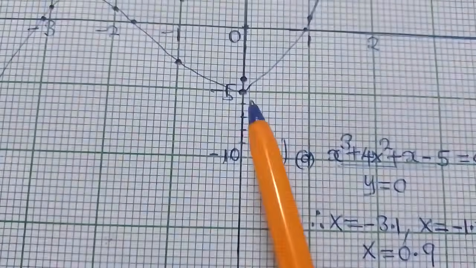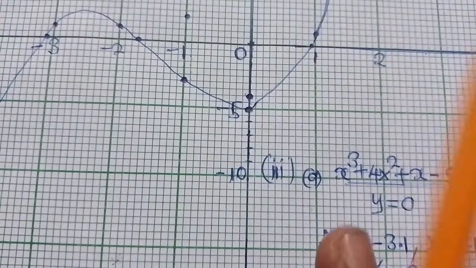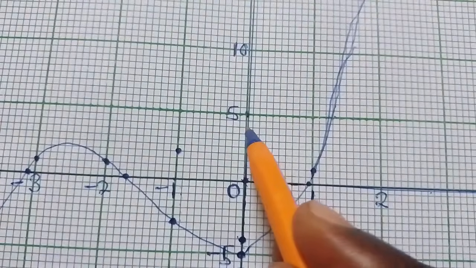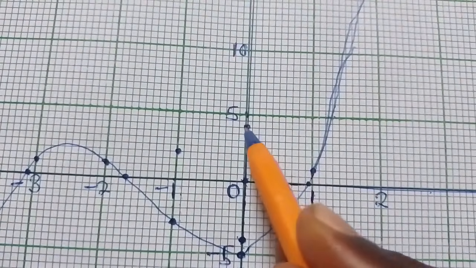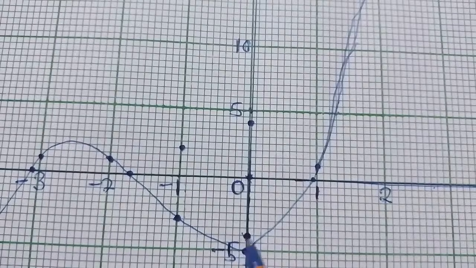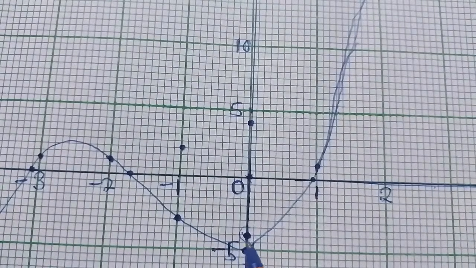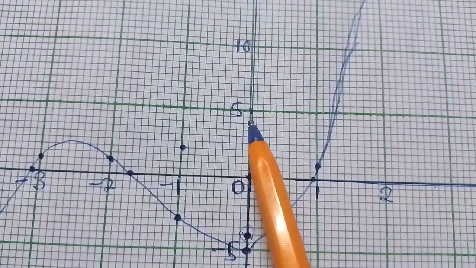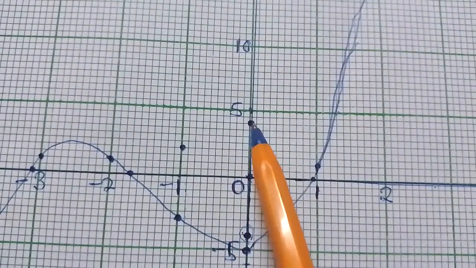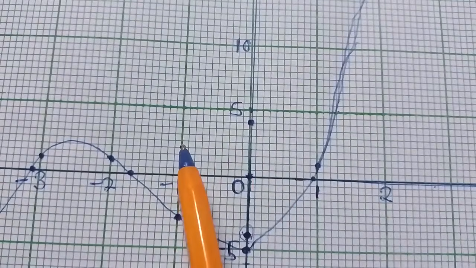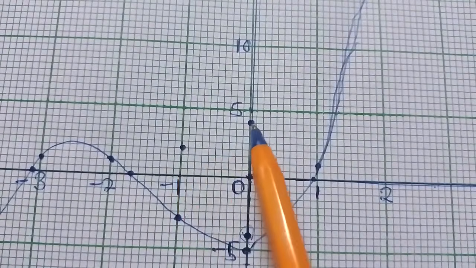The one that I did here, 0, negative 4, is not part of the solution. So 0, 4 is just that one. Then this is negative 1, 2. So these are the coordinates now.